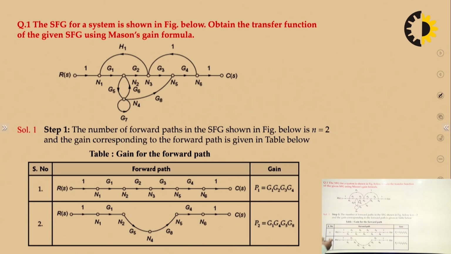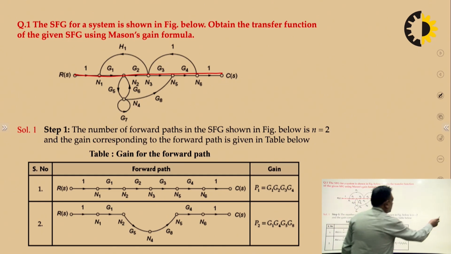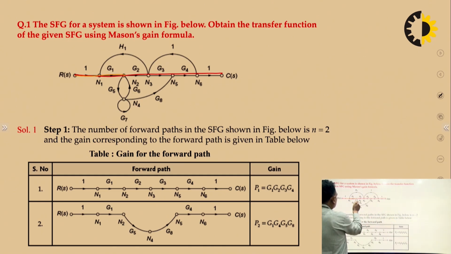So these are the forward paths. This is forward path 1 you can see here, and this is your forward path 2.